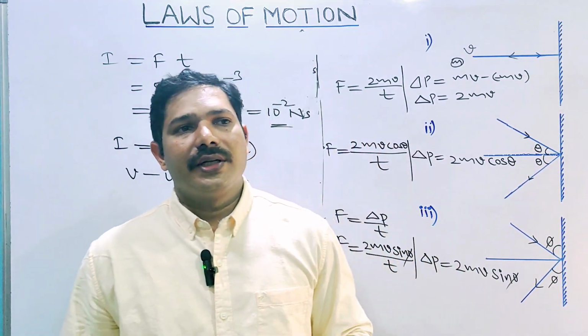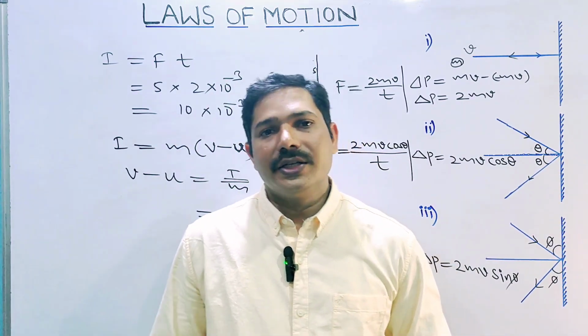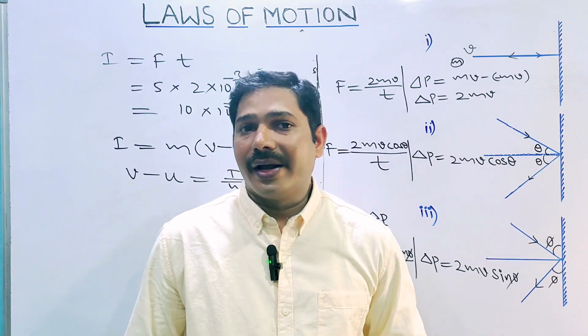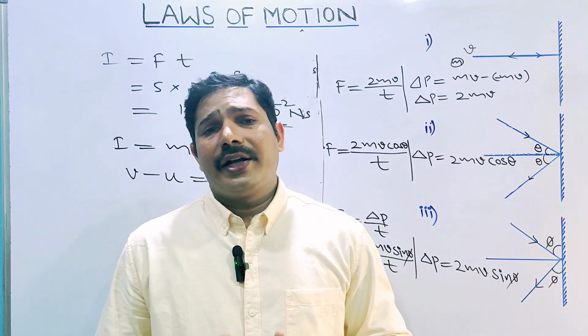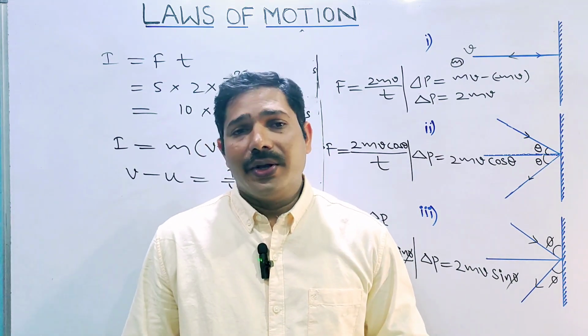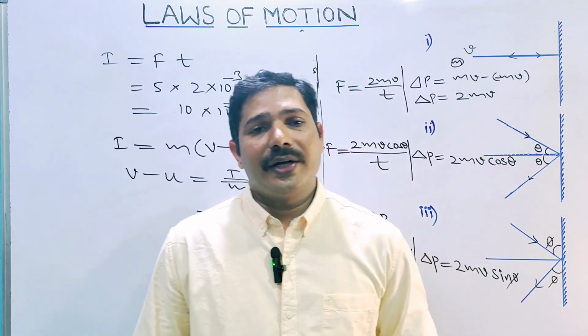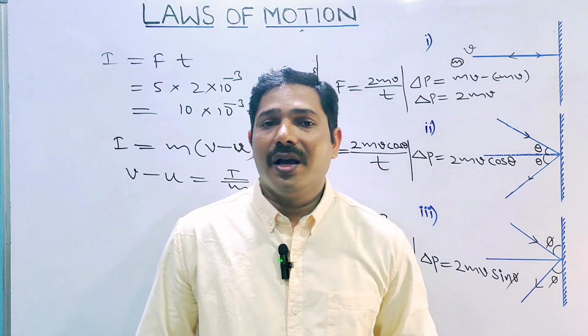Next, in part 2 of laws of motion, we'll discuss very important topics: connected bodies and the Atwood machine. The numericals on connected bodies are very important, because in competitive examinations most questions are asked based on connected bodies.